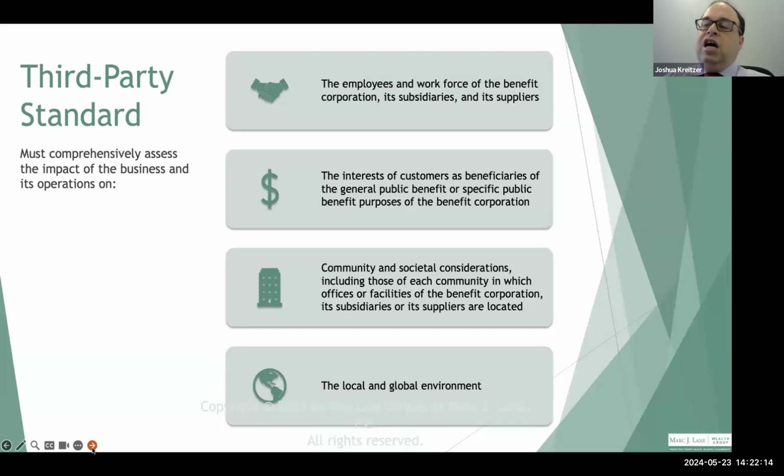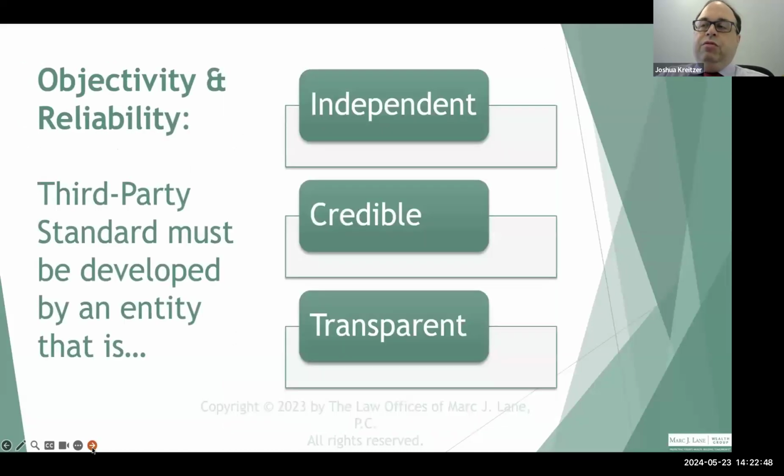The third-party standard must comprehensively assess the impact of the business and its operations on, one, the employees and workforce of the benefit corporation, its subsidiaries and suppliers; two, the interests of customers as beneficiaries of the general public benefit and/or specific public benefit purposes of the benefit corporation; three, community and societal considerations, including those of each community where the offices or facilities of the benefit corporation, its subsidiaries, or its suppliers are located; and four, the local and global environment. And this helps to give meaning to a general public benefit purpose.